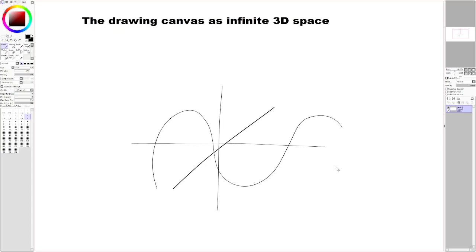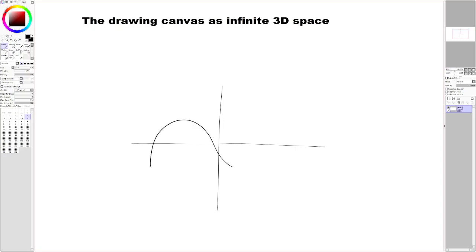Other times they would do other interesting things as they dip above and below the Cartesian plane. And the thing that makes the canvas a bit different than that is that you can draw 2D things, but you could also draw in space.